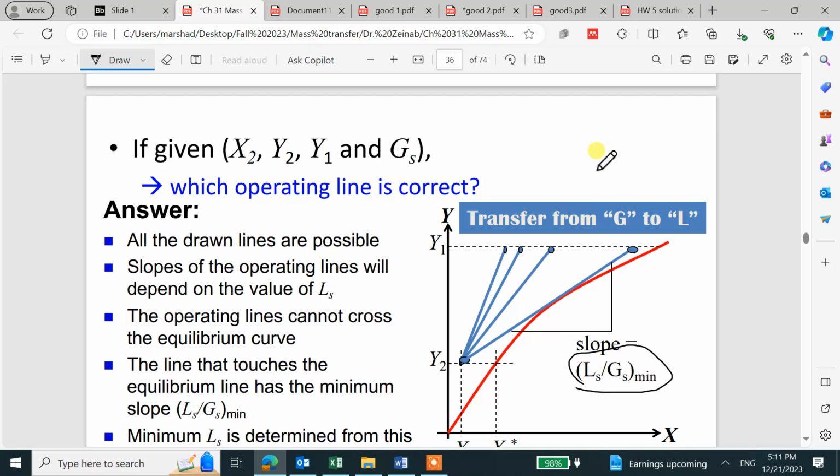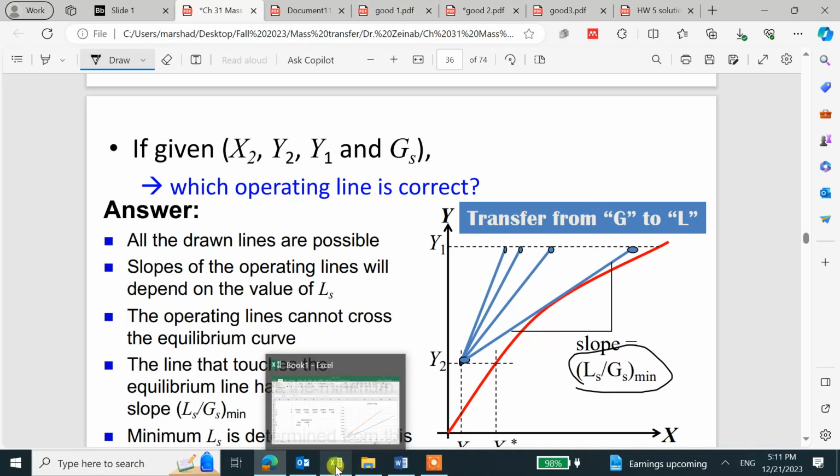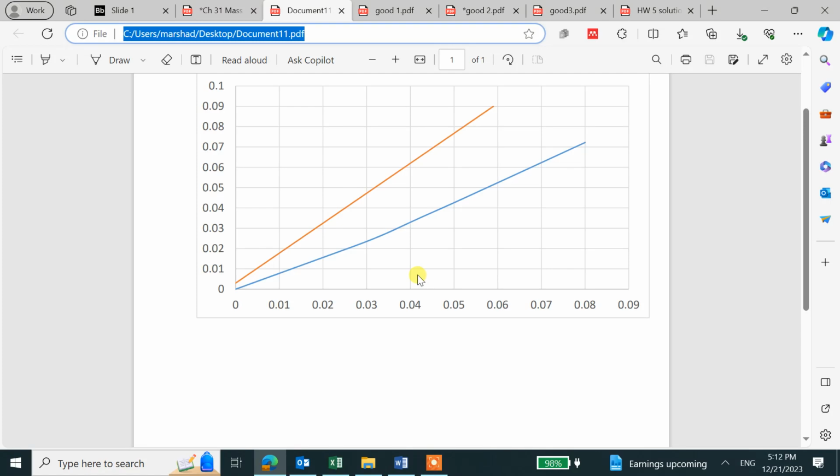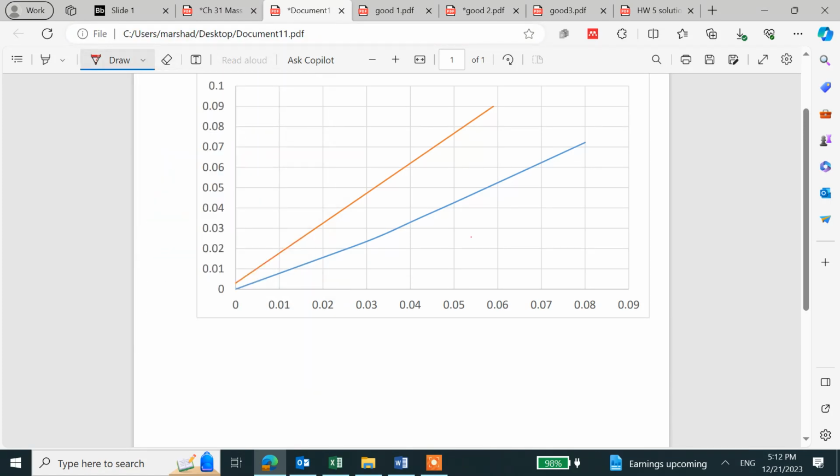For example, if you have this equilibrium line, and then your y2 is this, suppose this is y2, and the equilibrium with y2, this is x, then your operating line will be like this.